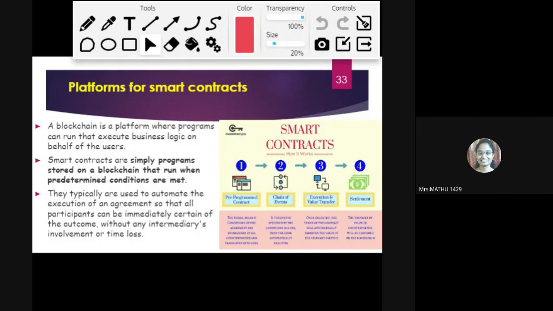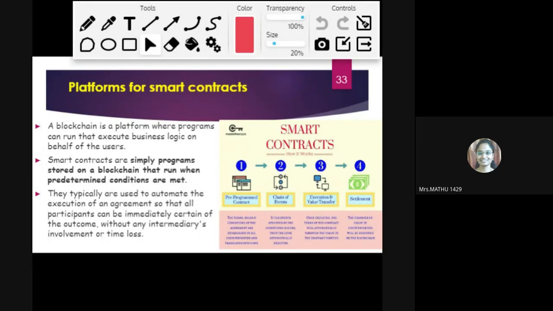So A has to send the documents relevant to the land to party B, and party B has to agree to send the required amount of money for that land to party A. Now when this transaction is over, when the documents are sent to party B and party B has transferred the money to party A, and this precondition is met, the land is sold.